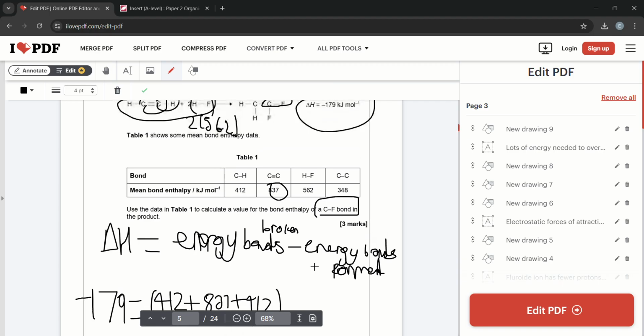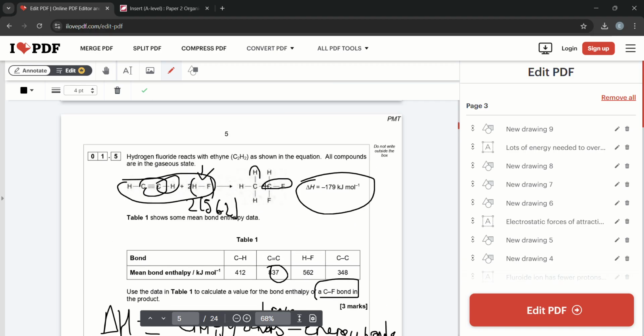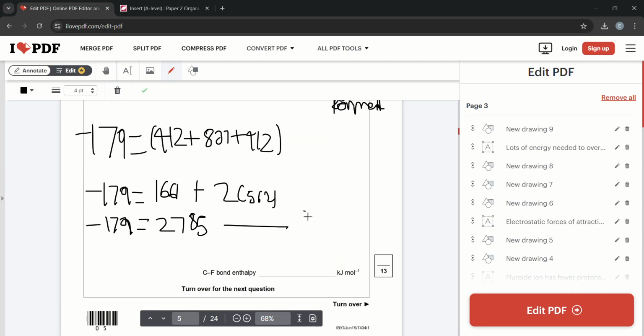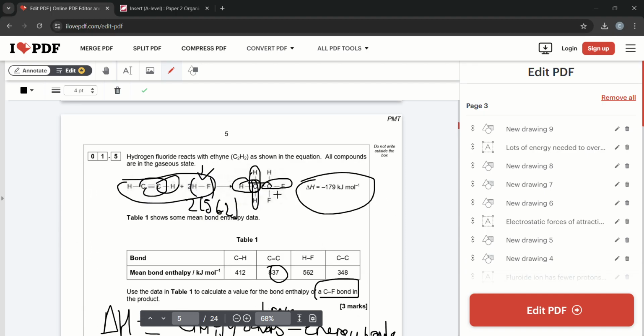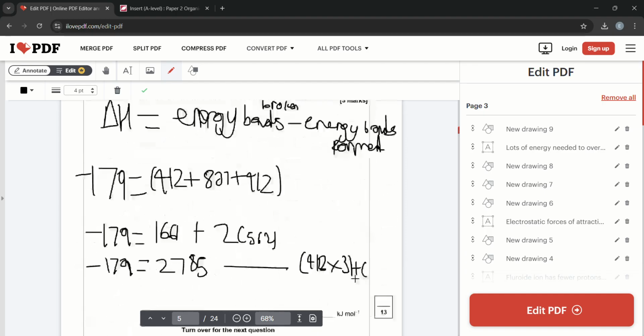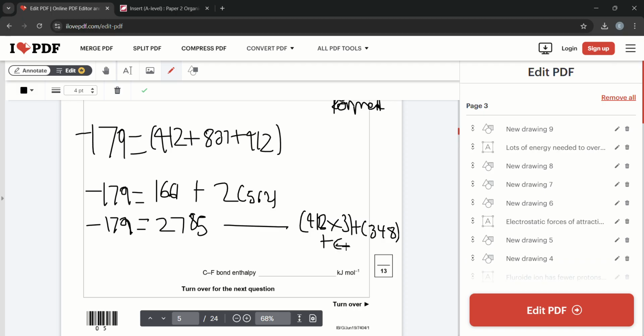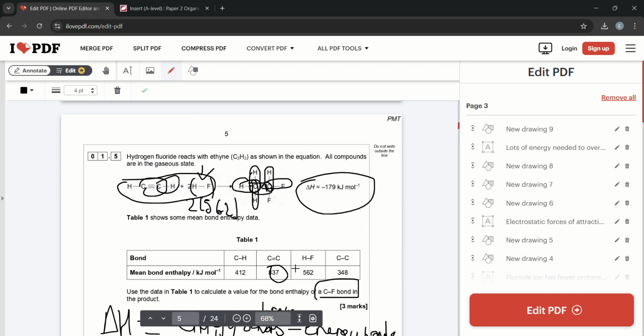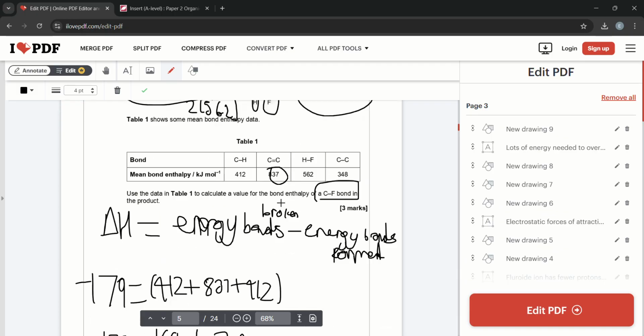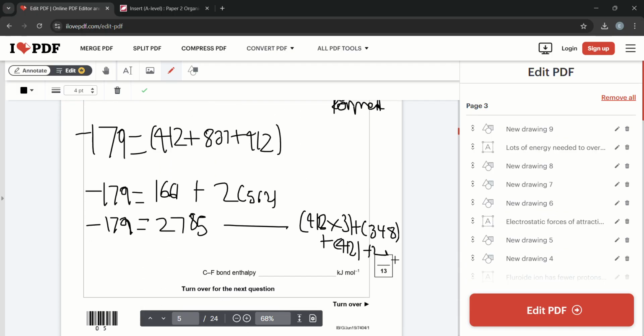Minus energy released when bonds are formed. Well, we've got 1 C-H, 2 C-H, 3 C-H, so 412 times 3, plus we've got a carbon-carbon bond, 348, plus we've got a carbon-hydrogen bond, another 412, and then we've got 2 C-F bonds, which we were trying to find, so plus 2x, we'll just say 2y.